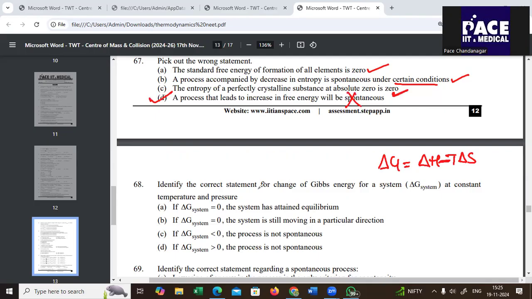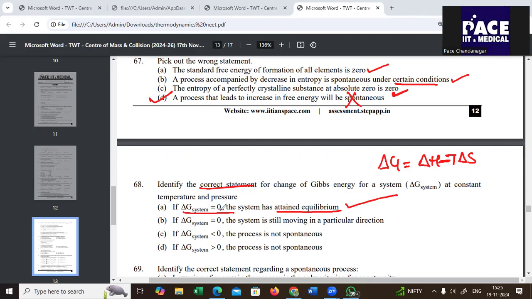Next, moving on with 68, identify the correct statement for the change of Gibbs free energy of a system, delta G at a constant temperature and pressure. The correct statement: delta G of a system is zero, which means system has attained equilibrium. That's the best question. So delta G equal to zero is equilibrium.